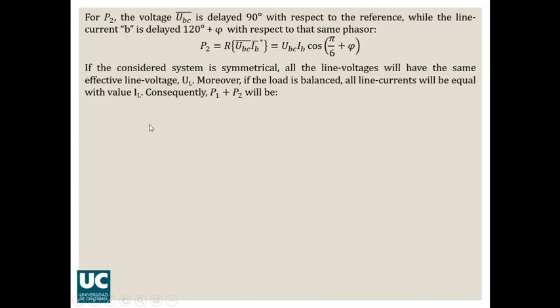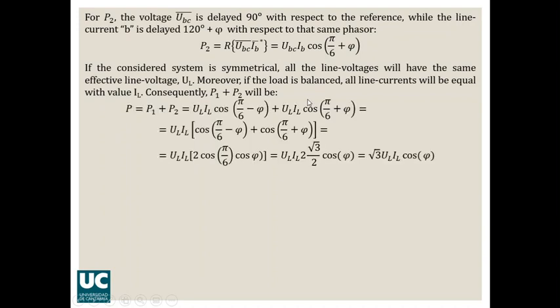We have said that the total active power measured should be the sum of P1 plus P2. If the system is symmetrical and all the line voltages have the same absolute value, then you can extract this product of the line voltage and line current in this expression. Then you can substitute this sum of cosines by this product.